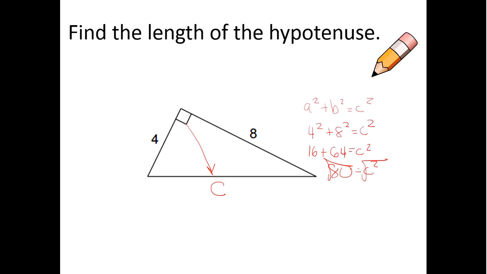So what is c? I've got to square root both sides, right? The square root of 80 is not a perfect square. So what perfect square can we take out of 80? We can simplify the square root: 16 and 5, that'll work. So I know c is 4 square roots of 5.